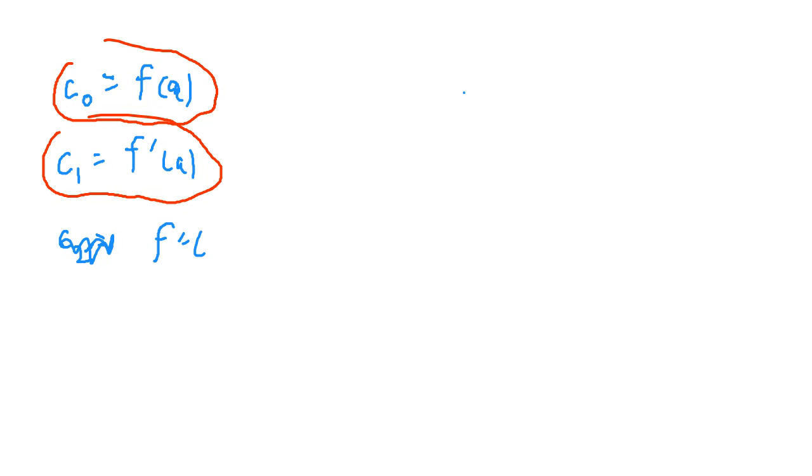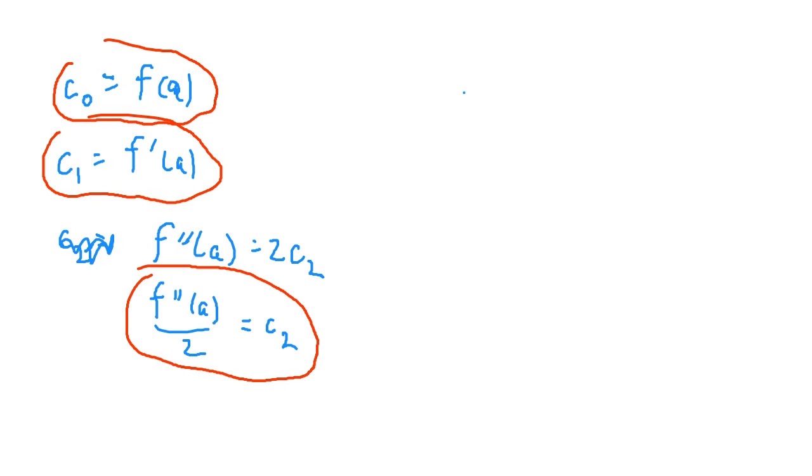We learned that the second derivative of a is equal to 2 times C2. This means that the second derivative of a divided by 2 is equal to C2. There's that third coefficient, I should say.